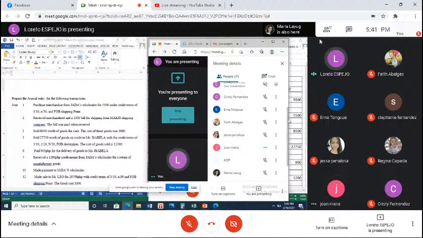huwag kayo masyadong ikumpara mo lang dun sa rendering service. So for example, Miss, may transaction, rendered services to cash customer 5,000. So ano ang journal entry mo? Ano po ulit, sir? Sorry. Rendered services to cash customer 5,000.